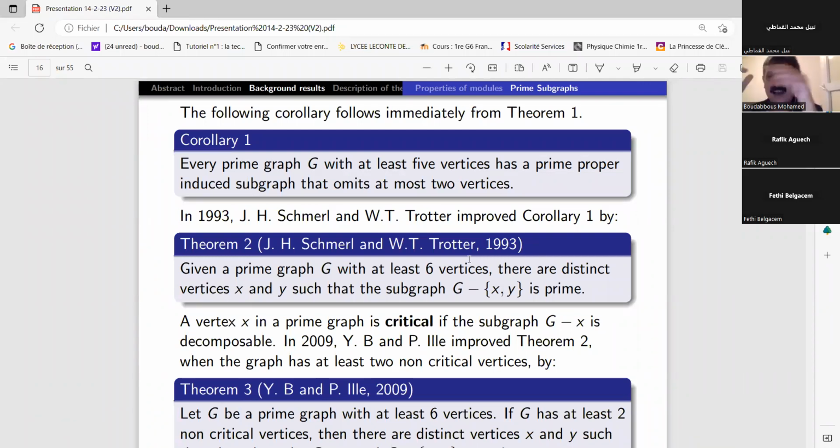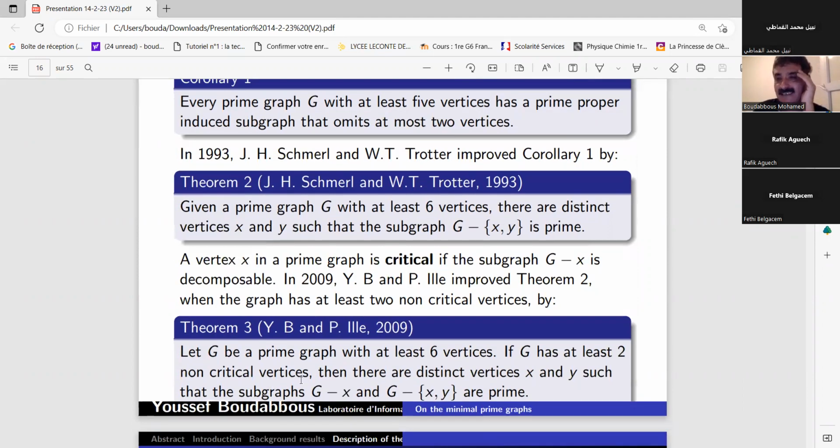Thus, if the graph has at least 2 non-critical vertices, with Pierre Hill, we have proven that we can find 2 distinct vertices, X and Y, such that G minus X is prime, and then G minus XY is prime. Okay.